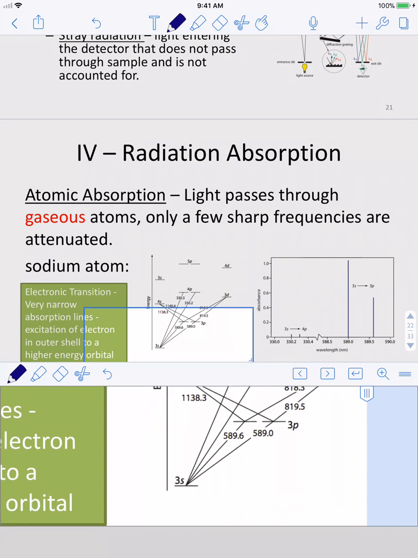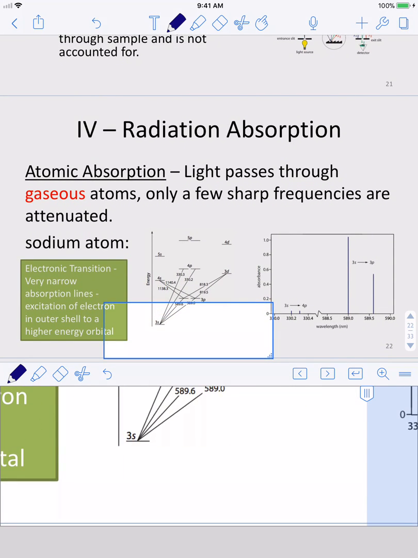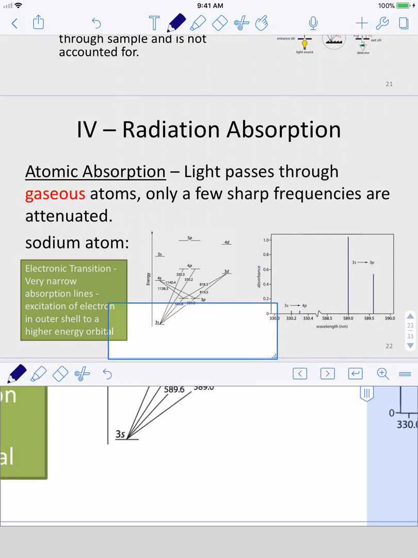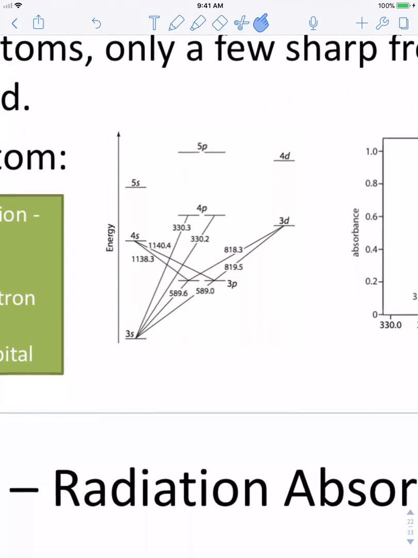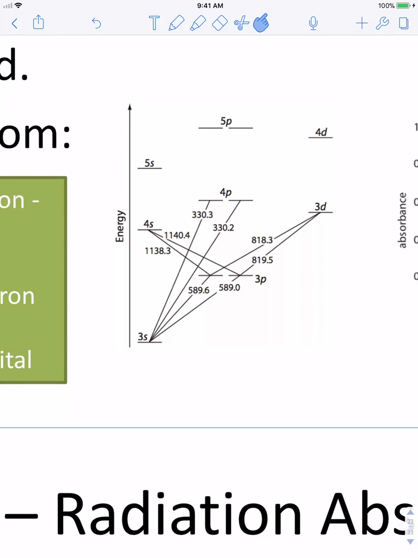So if we look at this for a sodium atom, and let me zoom in here for you. For a sodium atom, we have that valence electron, which is in the 3s. So we have a noble gas configuration of neon, and then we tack on one extra electron in the 3s orbital, 3s1.